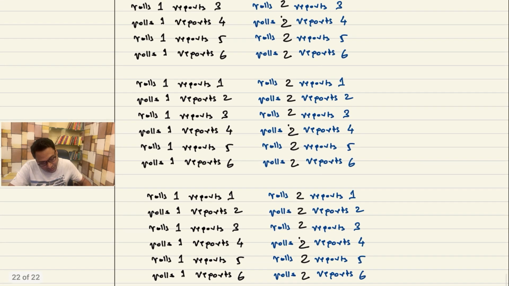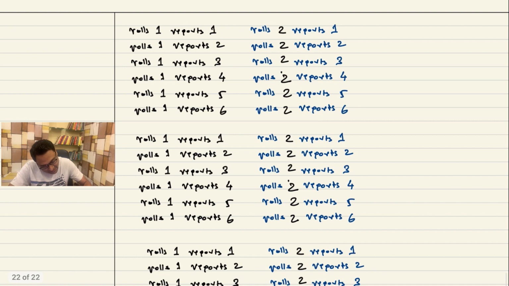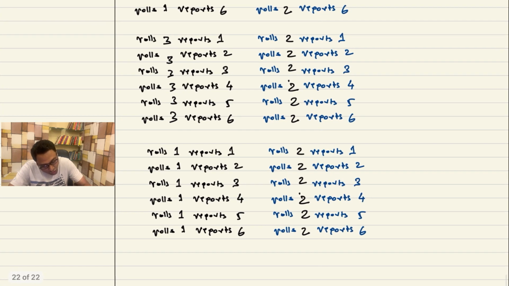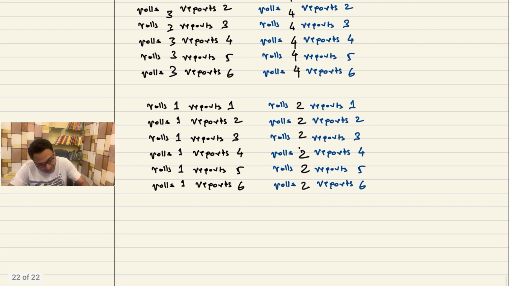Okay, so he rolls 3, reports whatever, rolls 4 and reports whatever, the 6 possibilities, rolls 5 and rolls 6.